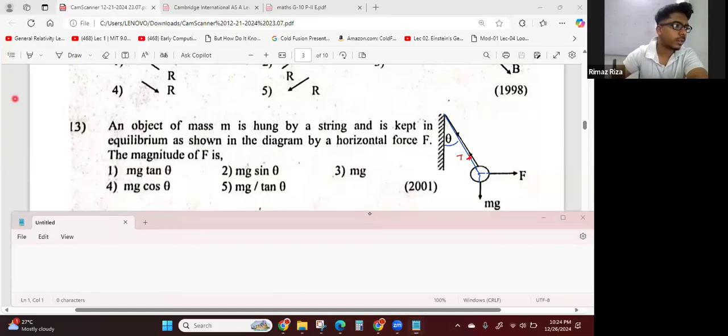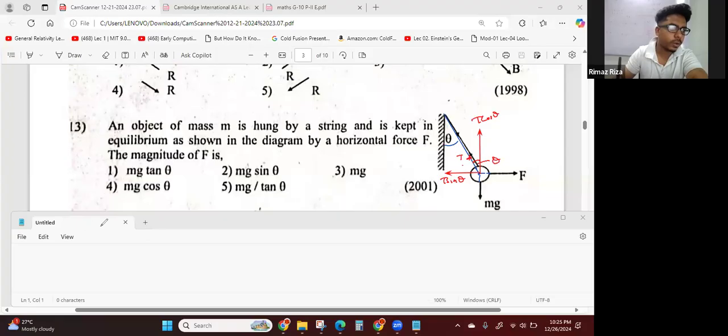First I'll resolve this tension into two perpendicular components, the vertical and the horizontal. If this angle is theta, this angle is also theta. So this is P cos theta, this is P sin theta.